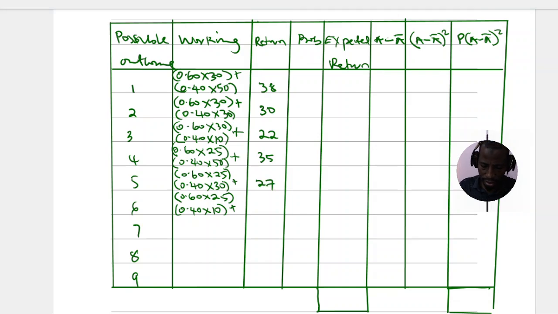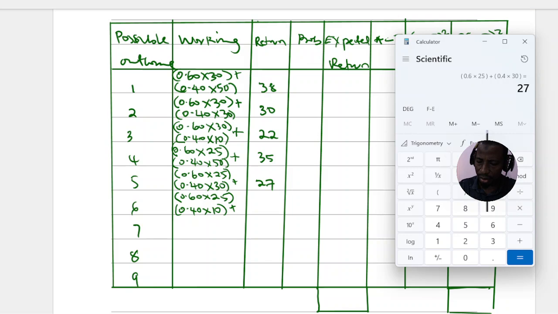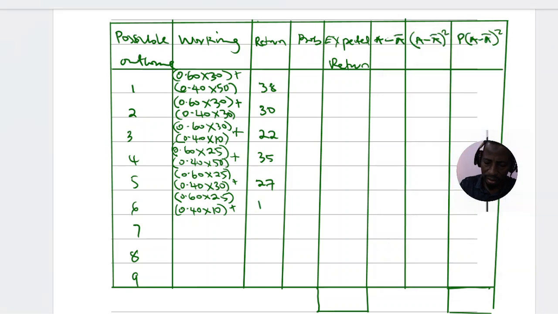Next one: open a bracket, 0.6 multiplied by 25, close the bracket, plus open a bracket, 0.4 multiplied by 10, close the bracket, equal 19.